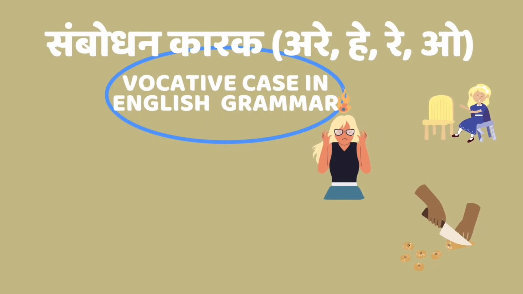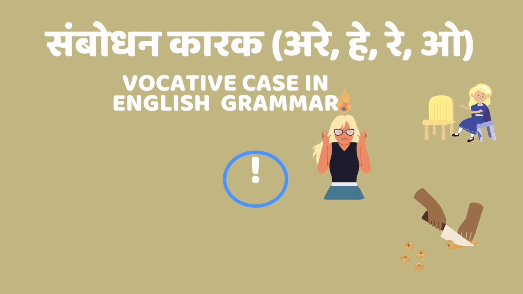Now we are going to focus on the last one, that is sambodhan-karak. Sambodhan-karak is known as vocative case in English grammar. It is known as vocative case and the sign of this is the exclamation mark.